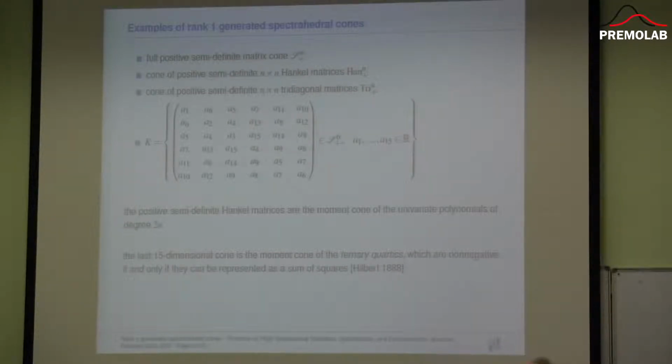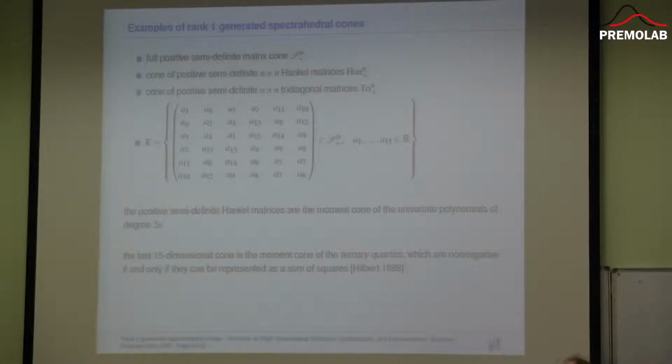And then we have this exceptional example of a 15-dimensional cone in the space of 6 times 6 matrices. It's essentially a result of Hilbert from the 19th century that this is a rank 1 generated cone.